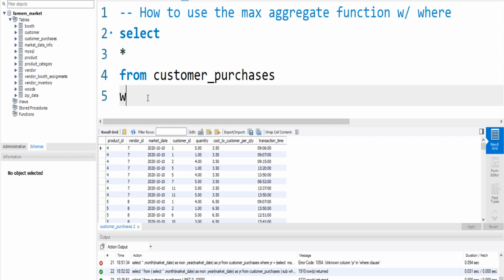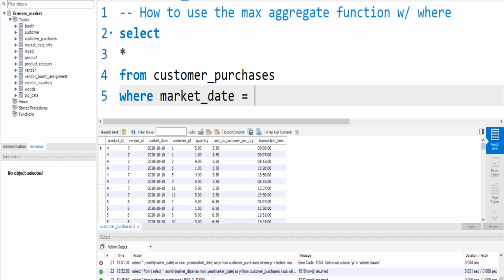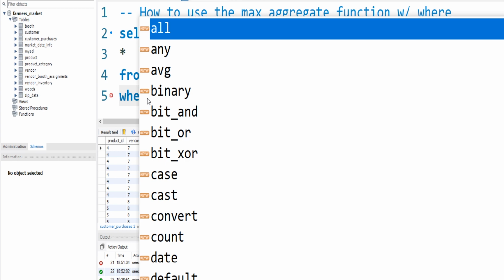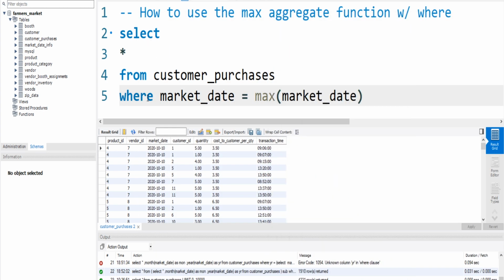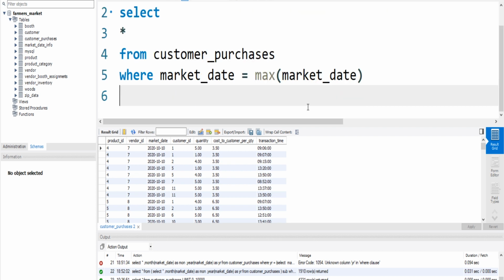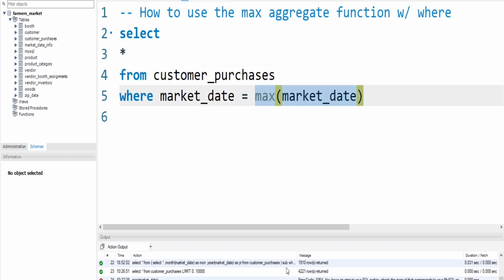We know how to use a where clause: where market date, where max of market date. This makes sense to us. I'm used to seeing an error telling you that you can't have an aggregate function in your where clause, but with my SQL Workbench, you just get an error saying the syntax is wrong.